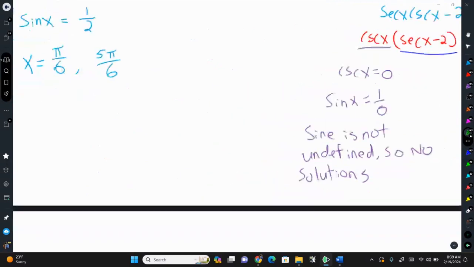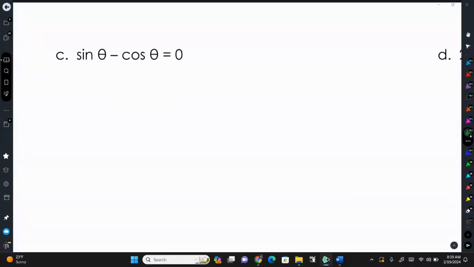Now let's look at letter C. Letter C is interesting because we have, again, 2 trig functions with a subtraction sign, and when I subtract them, they equal 0. I want to think about this a little bit, because if I were to subtract 2 things and they equal 0, that means they must be exactly the same, like 5 minus 5 is equal to 0.